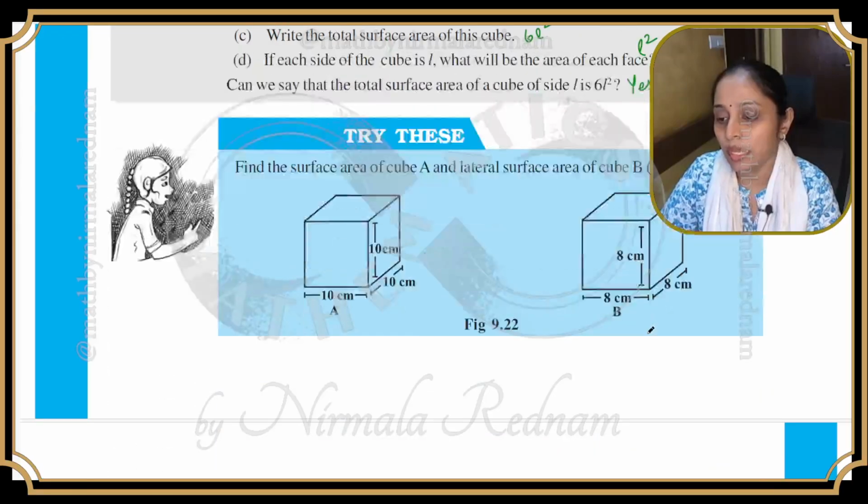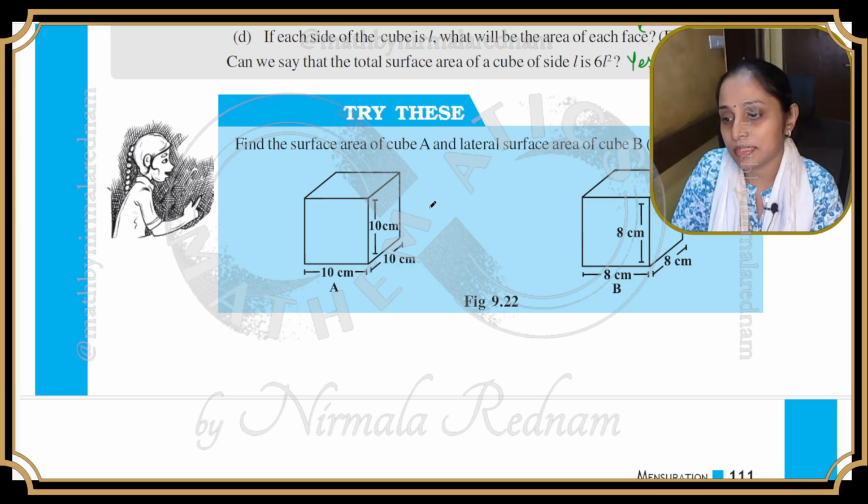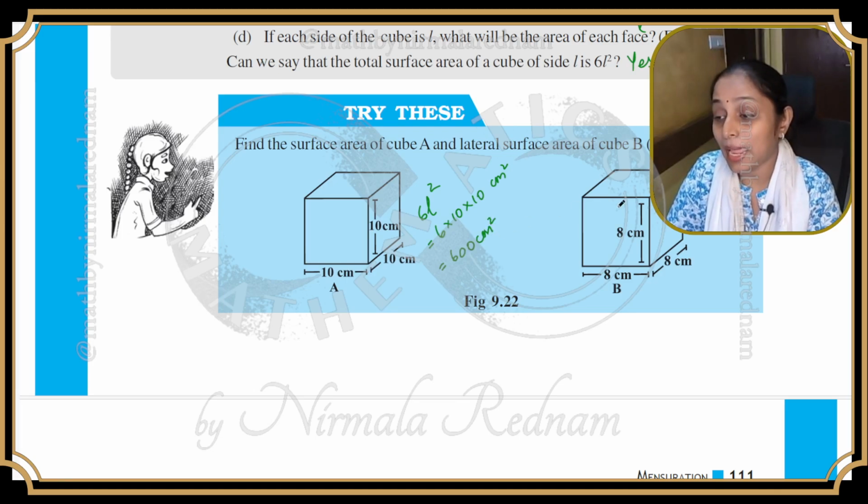Next question. Find the surface area of the cube A or the lateral surface area of the cube B. Now here, if L is 10, 6L square is nothing but 6 into 10 into 10, which is nothing but 600. And lateral surface area is 4L square.